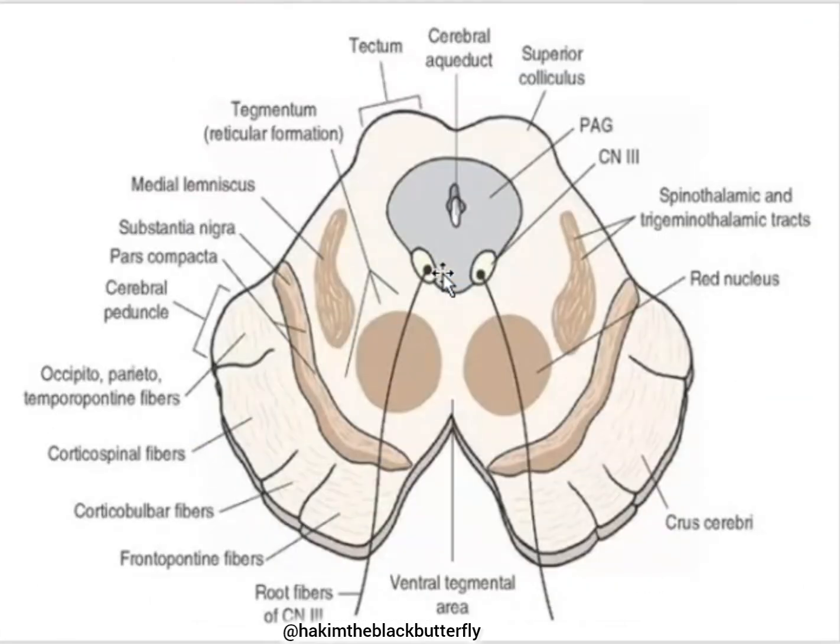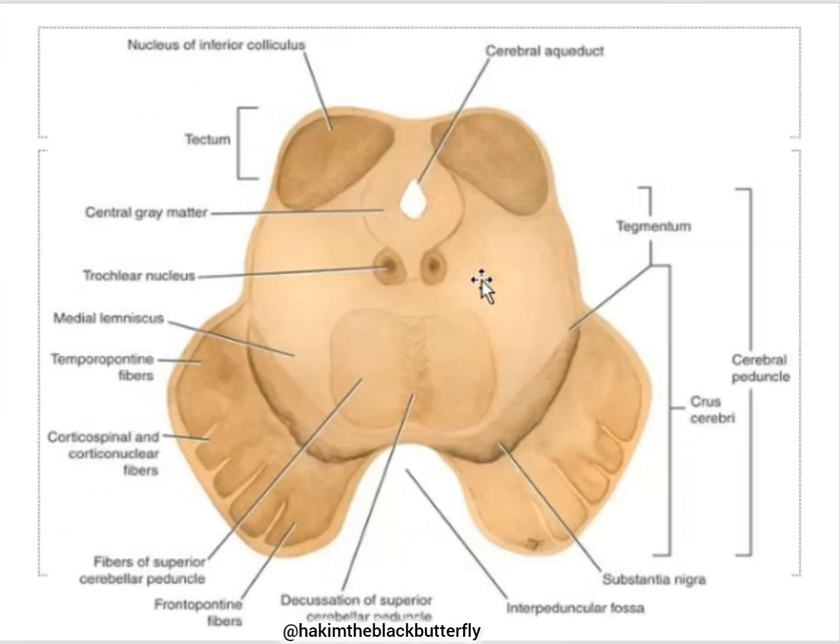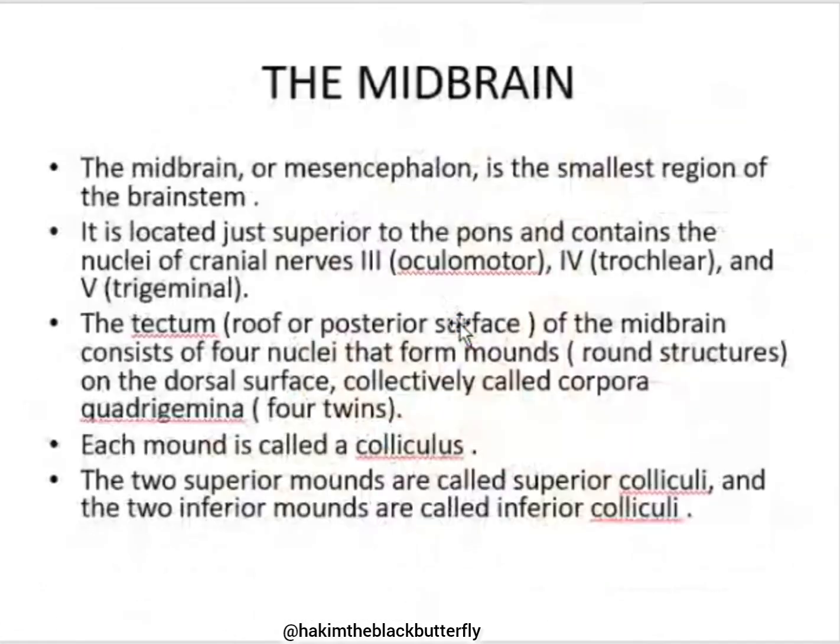But at the level of the superior colliculi, you see the superior colliculi, the ascending tracts, the red nucleus, and the cranial nerve 3 nucleus. So those are the two major cross-sections of the midbrain. Don't forget the parts of the midbrain, the tectum and the cerebral peduncle, and the three parts of the cerebral peduncles. And when you look inside the tegmentum, that's where the major differences come between the two sections.